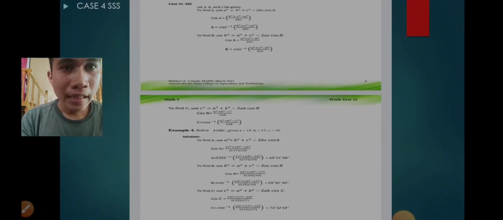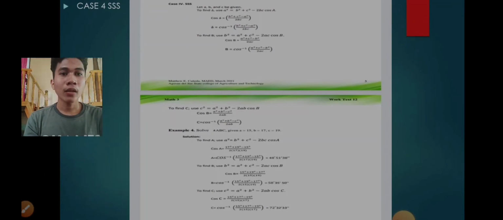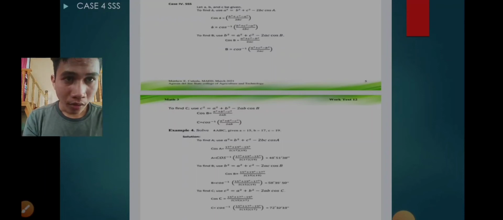To find C, use c squared is equal to a squared plus b squared minus 2ab cos C. So cos C is equal to a squared plus b squared minus c squared over 2ab. To find angle C, we can use cosine inverse of the quantity a squared plus b squared minus c squared over 2ab.